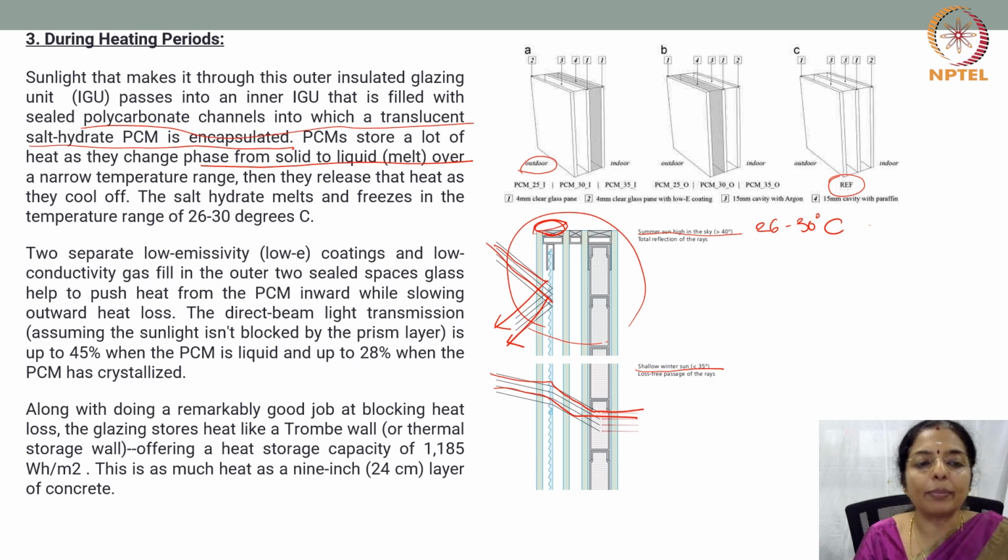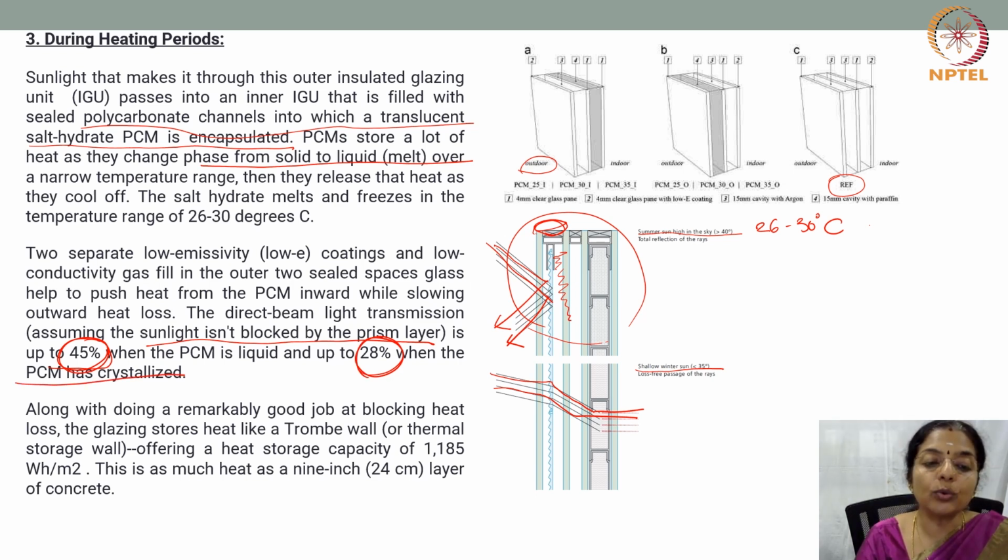So two separate low emissivity coatings and low conductivity glass fill in the outer sealed spaces. So the outer sealed spaces has gas filled into it that help to push heat from the PCM inward while slowing outward heat loss. The direct beam light transmission, assuming that the sunlight isn't blocked by the prism layer, is about 45% when PCM is liquid and is 28% when PCM has crystallized.